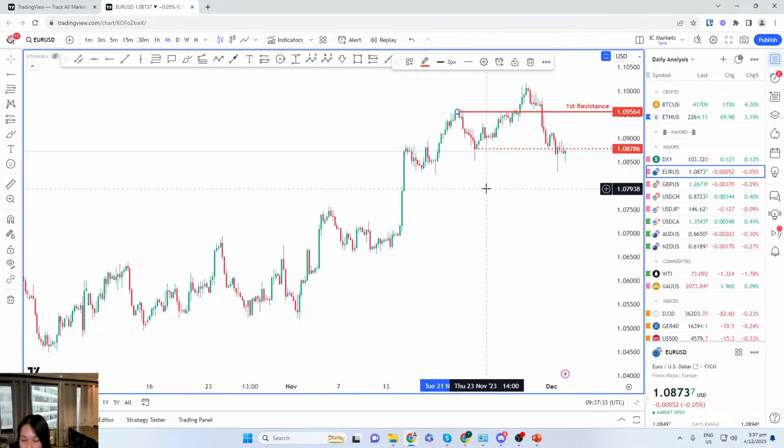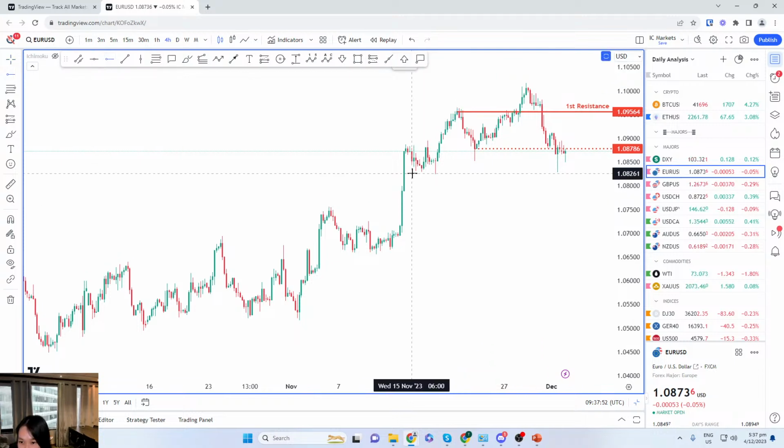You can see that there's a pullback resistance over here. And next up, let's see if there's any Fibonacci retracement, because I can't seem to find a very good support level other than this. Let me draw out the support line here.